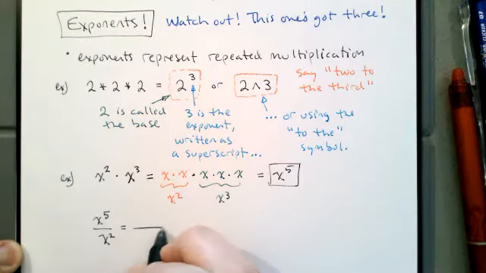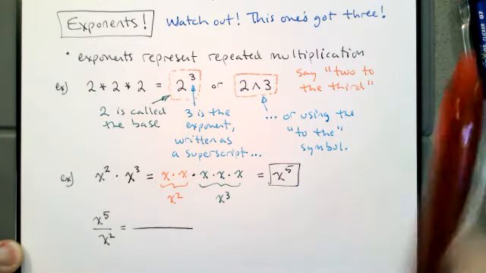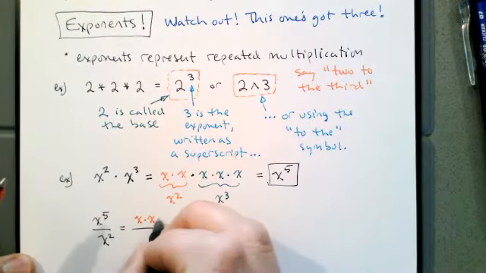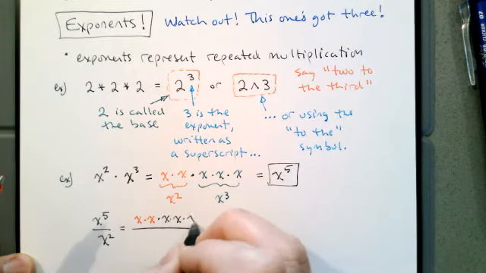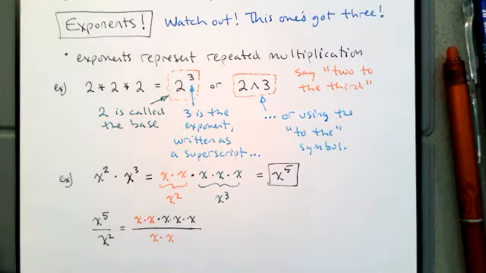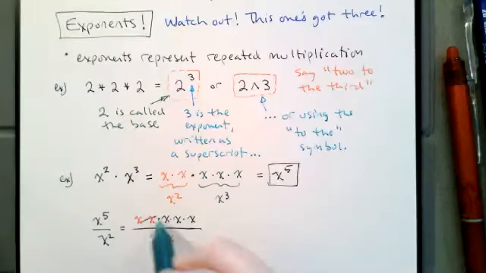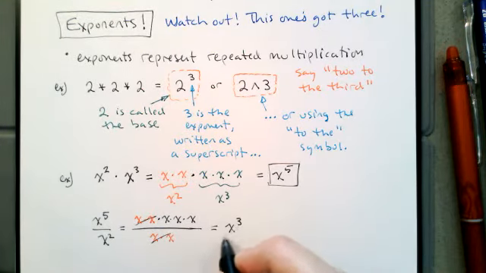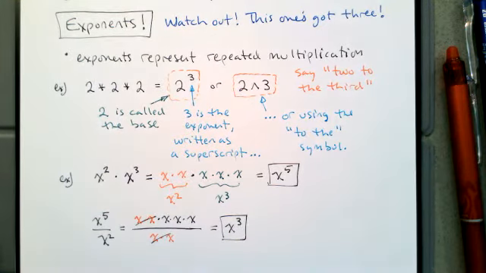So the x to the fifth is 5 x's, so I'm going to write x times x times x times x times x. And the x squared just means an x times x. So the reason that we subtract the exponents is that we have 5 x's being divided by 2 x's. 2 of those x's are going to cancel out of the numerator and the denominator. Something divided by itself is equal to 1. So that's why we can subtract the exponents.